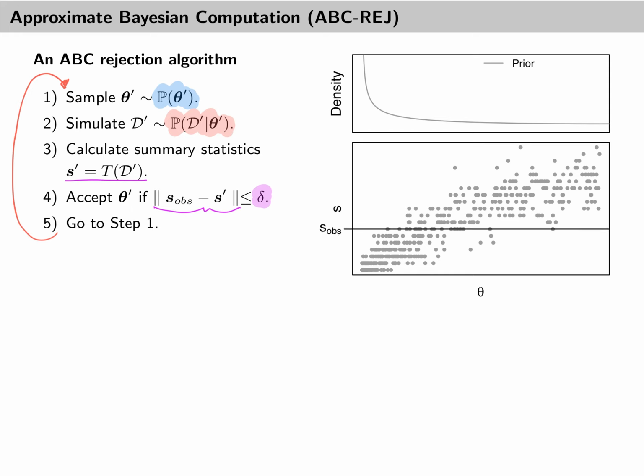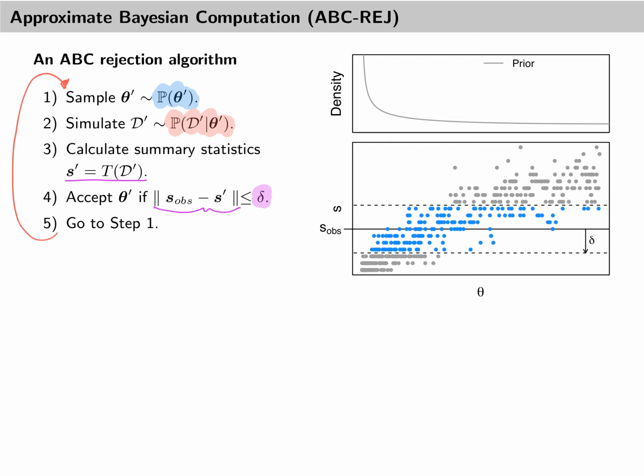Let's next compare those simulations against some observed data, or rather, against summary statistics S observed, or S-obs, calculated on some observed data. Since the summary statistic used here is discrete, there are indeed some simulations that resulted in an exact match with S-obs. However, the number of those is still rather small.